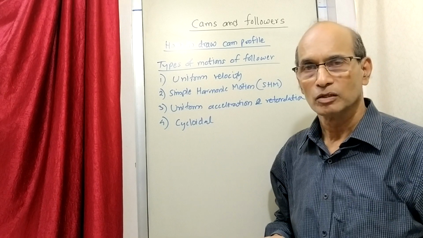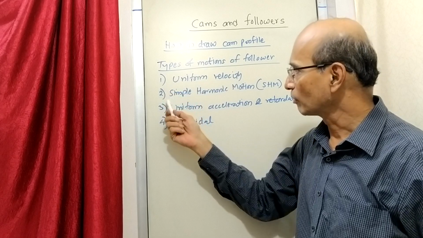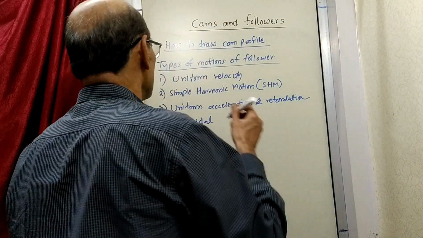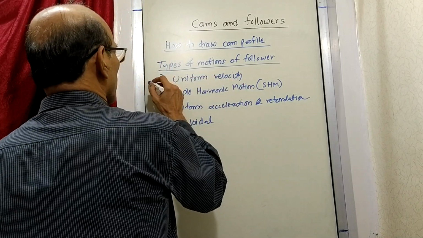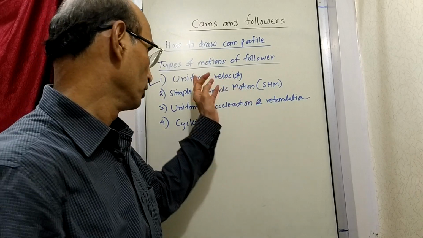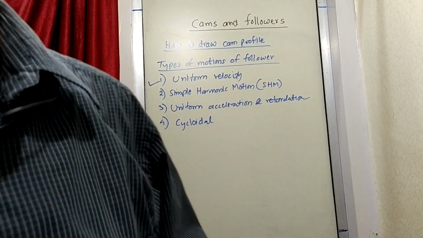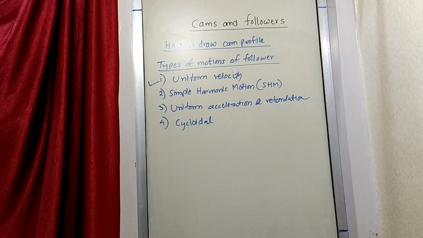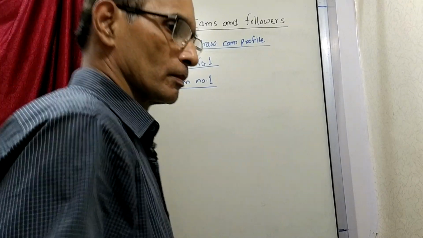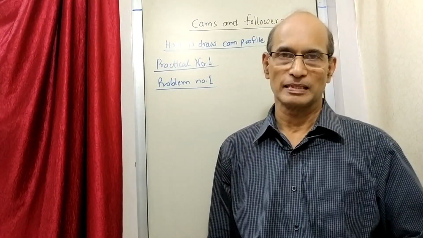Now we are going to learn how to draw the profile of a cam in each of these cases. So let us right now start with drawing a cam profile for a uniform velocity of follower. So write down this, then we will see how to do it. With this we also begin our practical exercises.